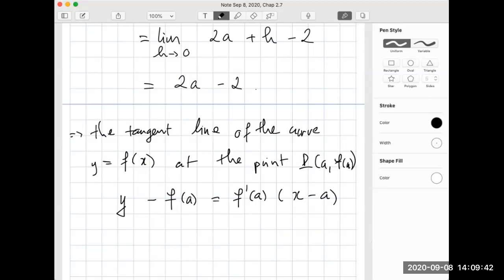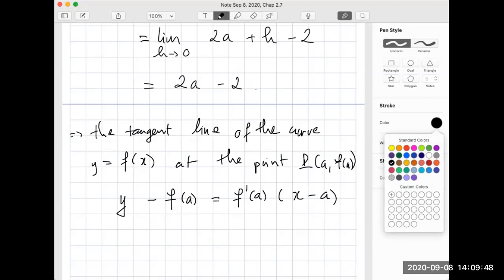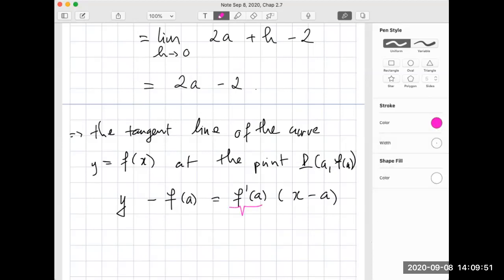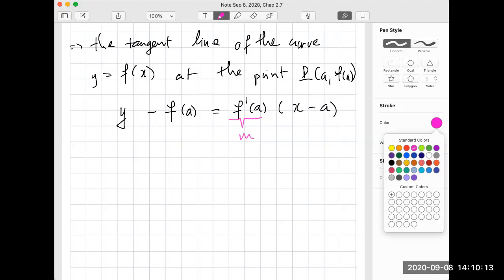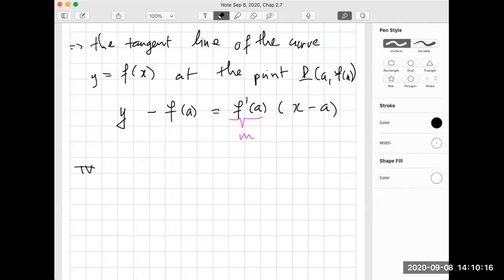It's similar to the tangent. Yeah. The slope. Previously it was the slope m at this point, right? Nothing's new. So we have a new concept, rates of change.